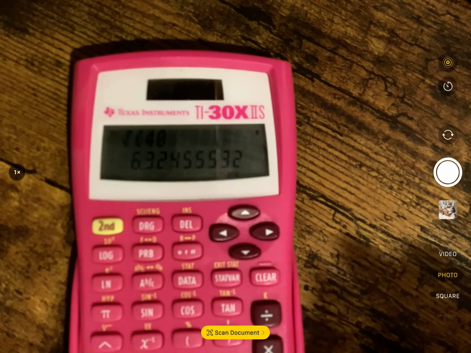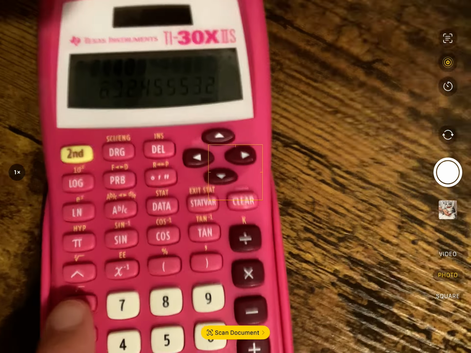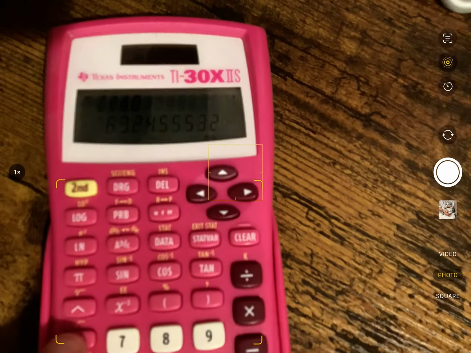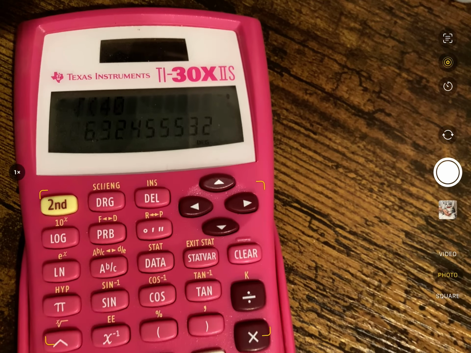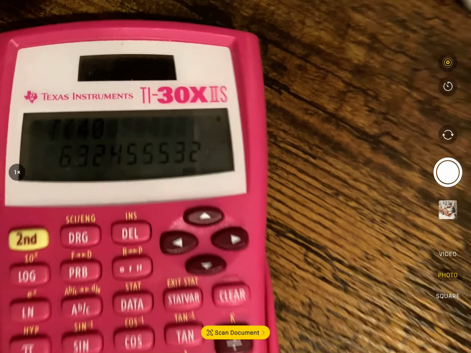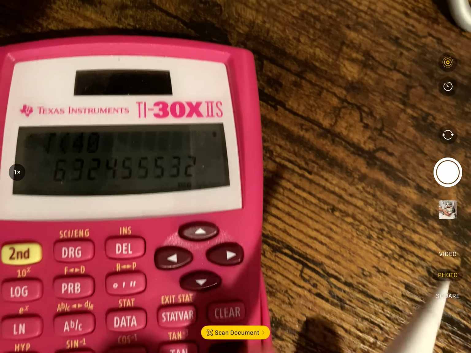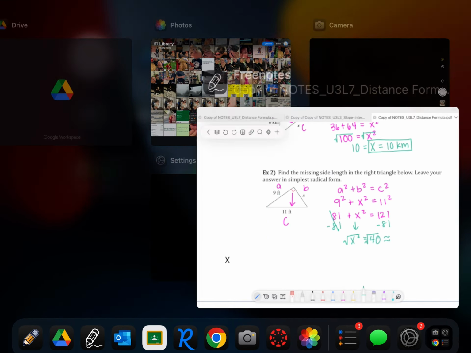Again, I clicked second, and then I clicked the x squared. It's the same buttons on our calculator at school, but that is the decimal approximation, about 6.3.